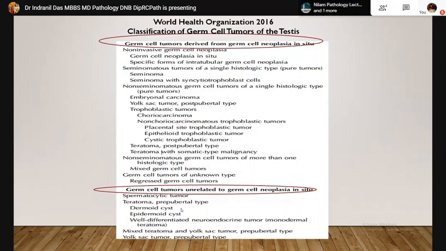The rest of the tumors, that is seminoma with syncytial trophoblast-like giant cells, postpubertal type of yolk sac tumor, postpubertal type of teratoma, embryonal carcinoma, and the trophoblastic tumors, all come under the category of germ cell tumors derived from GCNIS, or germ cell neoplasia in situ.